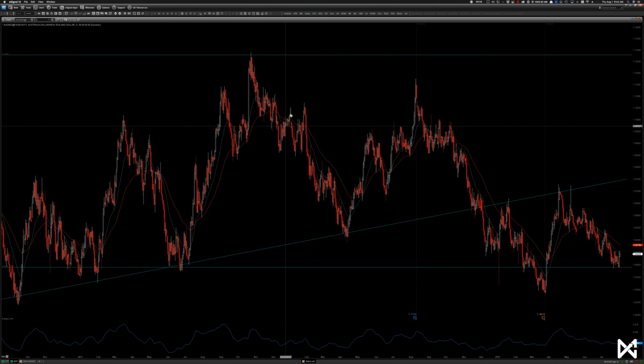Lower low, lower high, lower low, and then it just kind of starts trending downwards, starts trending upwards a little bit, starts trending downwards, and so on and so on. So a lot of times within those larger ranges, we also have trends within it.